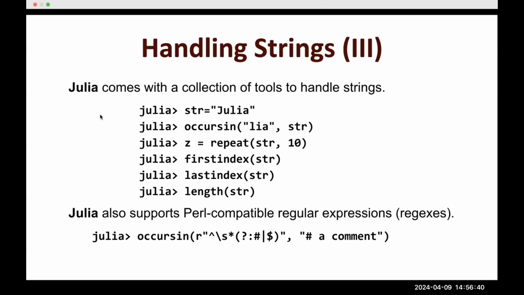But again, it's harder to understand and extract meaning from those regular expressions. You need to practice a lot just to use them. Julia supports Perl-style regular expressions. Whatever regular expression you used previously with Perl or even Python, you can use it here directly, just copy and paste.